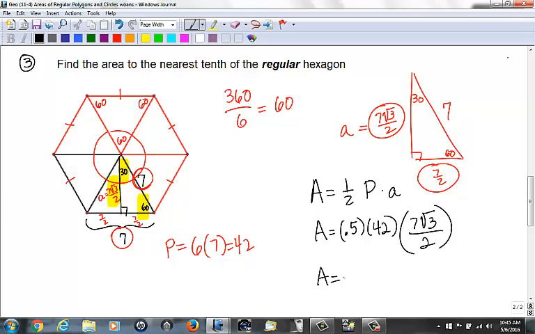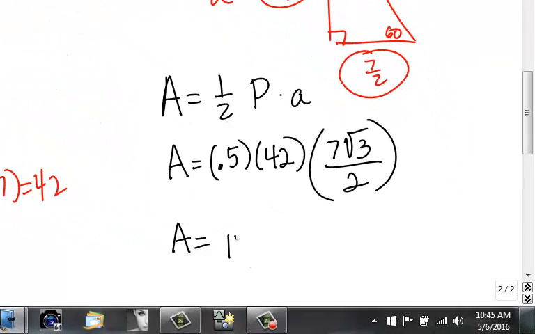Then I would multiply by the top part, times 7 radical 3. You get 254.6, and then divide that all by 2. Okay, and nearest tenth would be 127.3. And that's in square units.